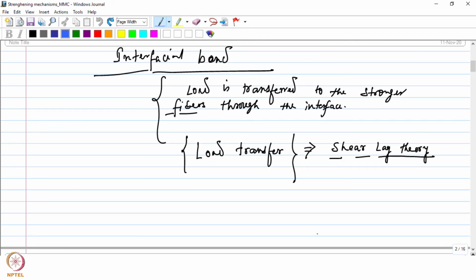So let me summarize. In this lecture, we talked about the strengthening mechanisms in a metal matrix composite. First, we talked about the shear lag theory, which deals with the load transfer from the matrix to the stronger fibers through the interface, and that is why the interfacial bonding is so important with regard to the strengthening effect in a metal matrix composite.